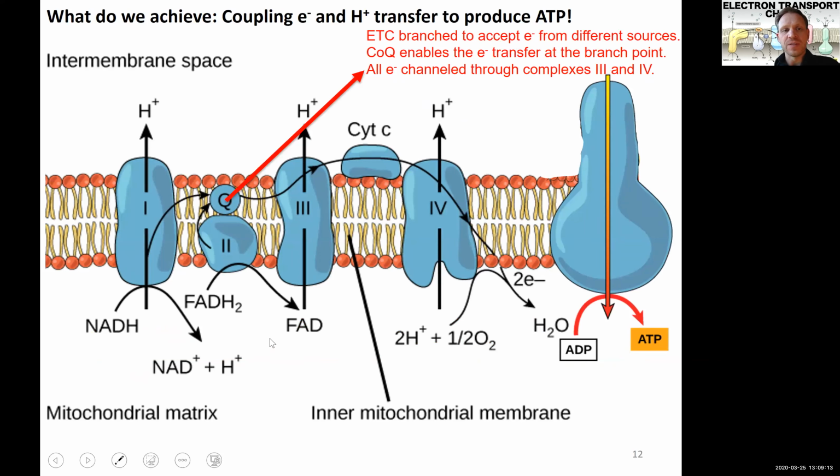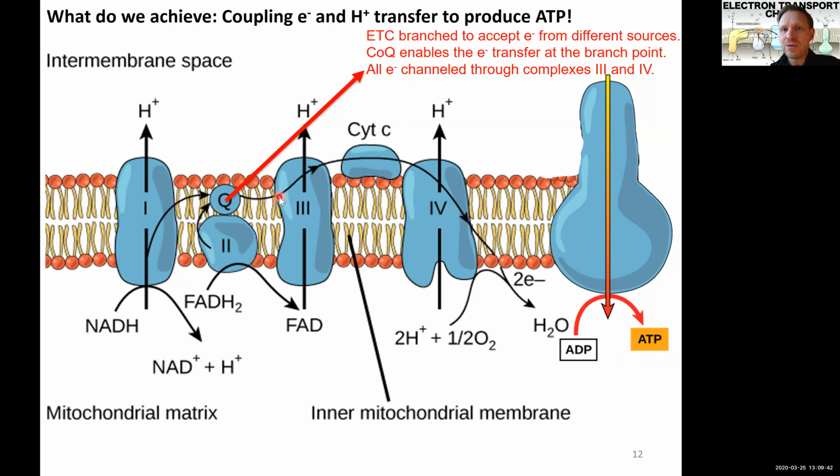So let's have a look at this. I'm trying to reorient ourselves now back into this entire ETC series of complexes, and your CoQ is sitting right here, sort of between our complexes 1, 2, and 3. Now because it's such a small hydrophobic molecule, it can move around in this membrane and can actually be in contact with each of these different complexes.